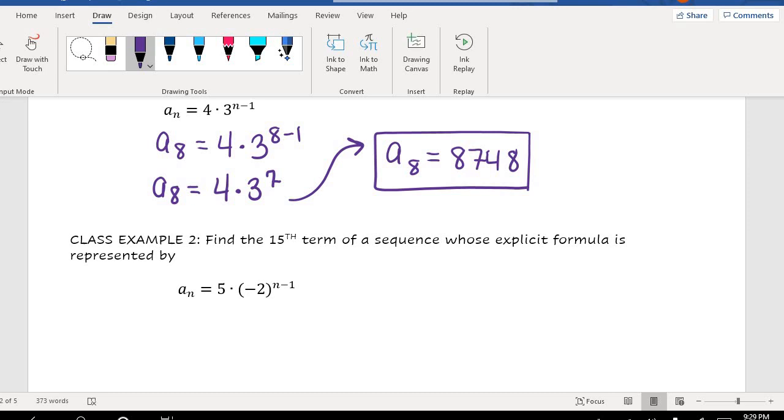Class example 2. Find the 15th term of a sequence whose explicit formula is represented by a sub n equals 5 times the quantity -2 to the n minus 1 power. So now we're looking for the 15th term. So I'm going to substitute in 15 everywhere I see an n.